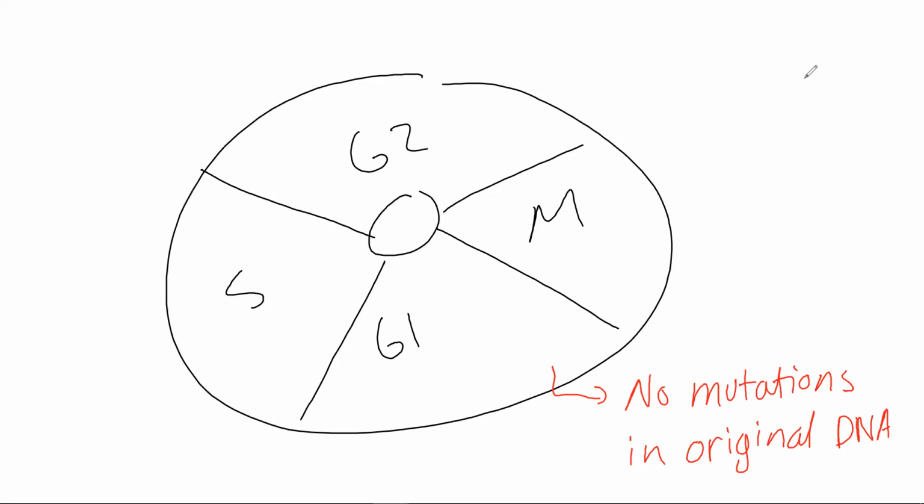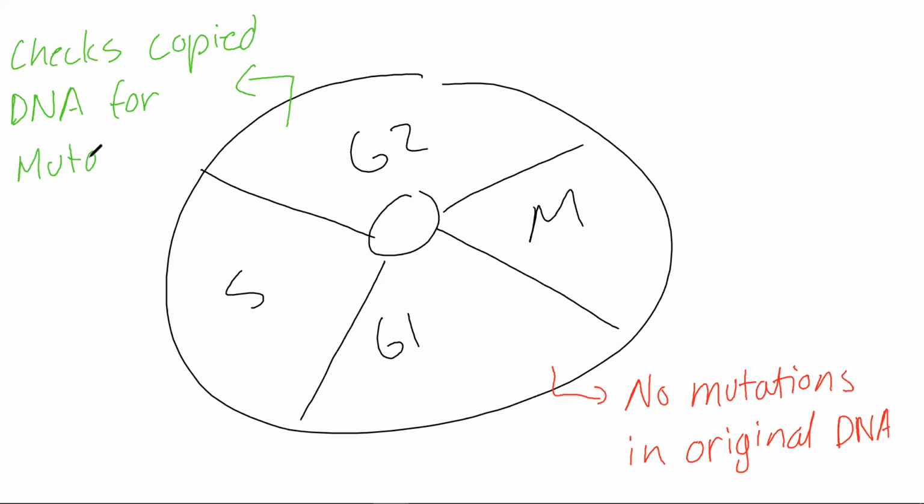All right, the second checkpoint is, well, all my DNA has been doubled, right? I have the original copy, and then I have the new copy. What it's going to check is the new copy. So in the G2 phase, I have my original copy, which I've already checked and I know is perfectly fine.